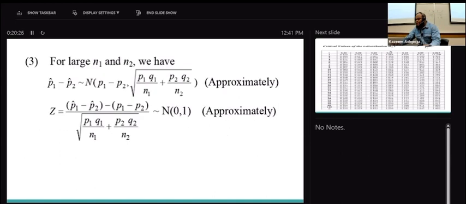Okay. Now, how do we do it for two populations? We want to compare proportions in two populations. Let me give you an example. Maybe I want to focus on Minnesota and Illinois.